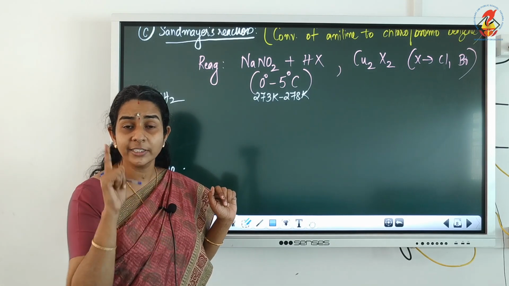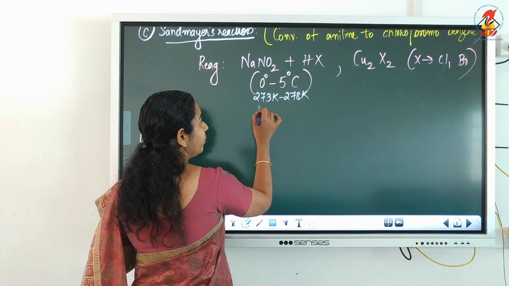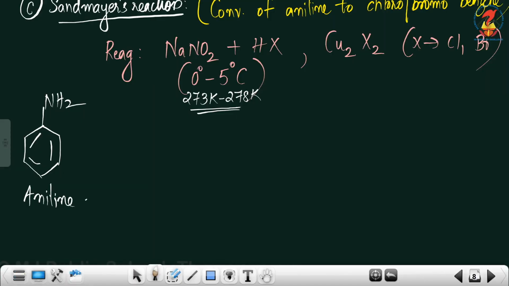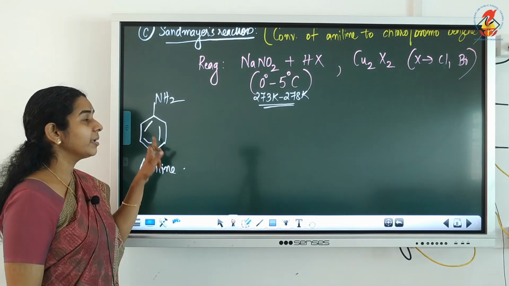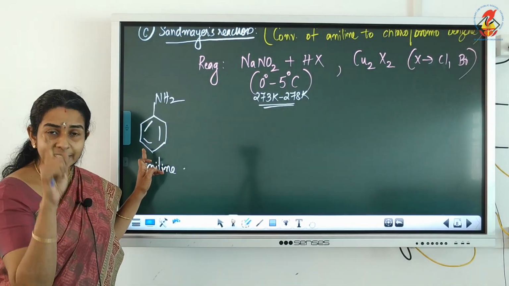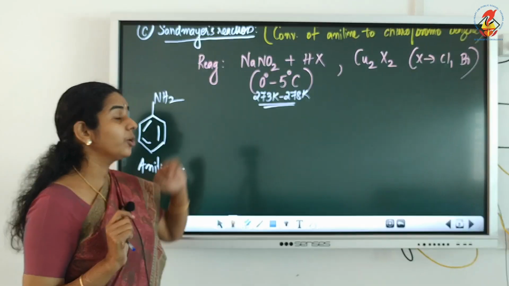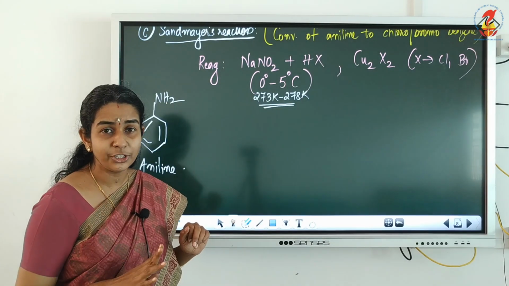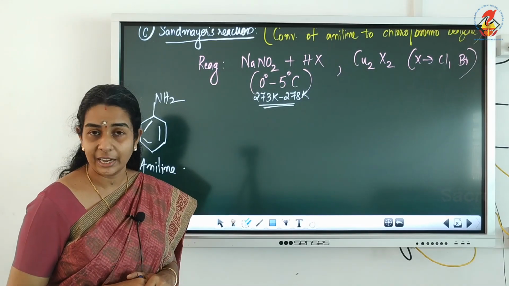Why is it mentioned as cold aqueous mineral acid? Because the condition required for this reaction is that the aniline or aromatic primary amine should be dissolved in HCl under cold condition. The temperature required is 0 to 5 degrees Celsius or 273 to 278 Kelvin.